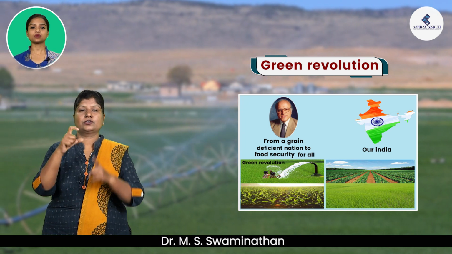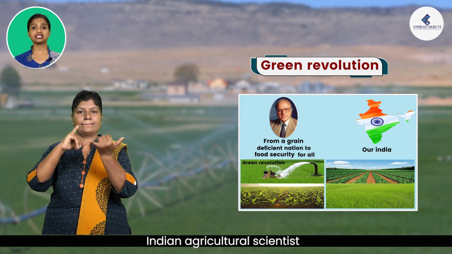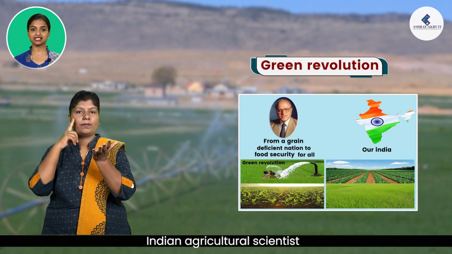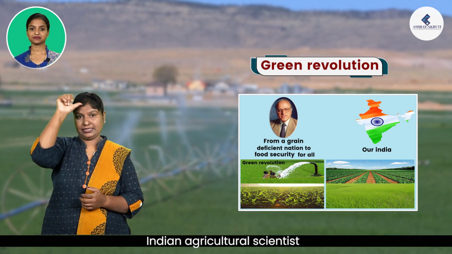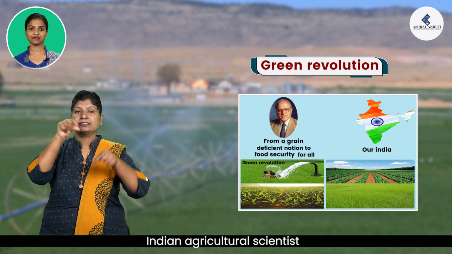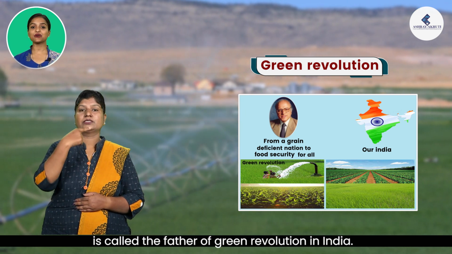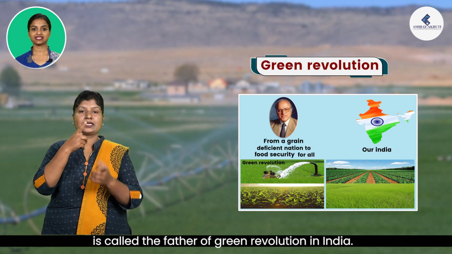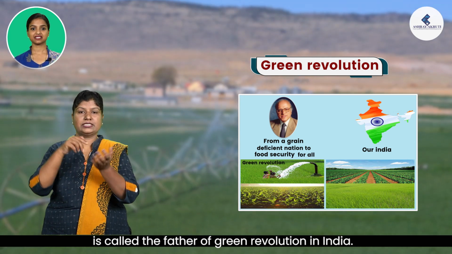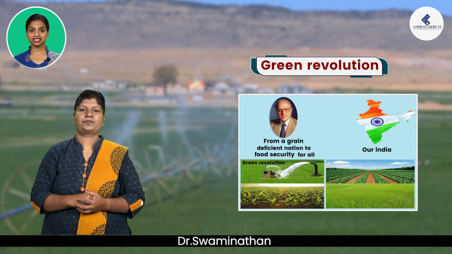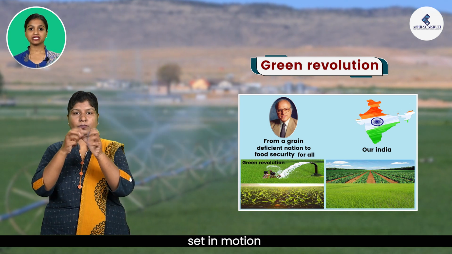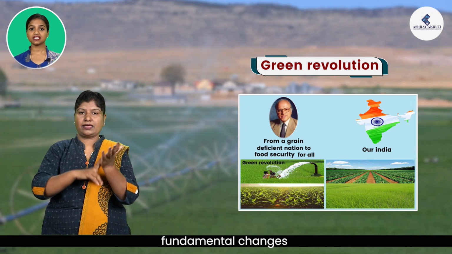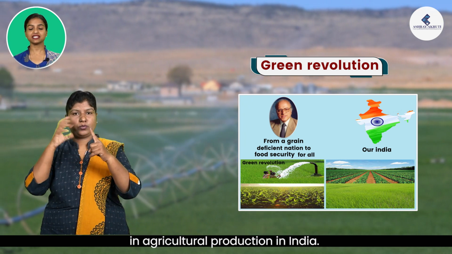Dr. M.S. Swaminathan, Indian agricultural scientist, is called the father of the Green Revolution in India. Dr. Swaminathan set in motion fundamental changes in agricultural production in India.